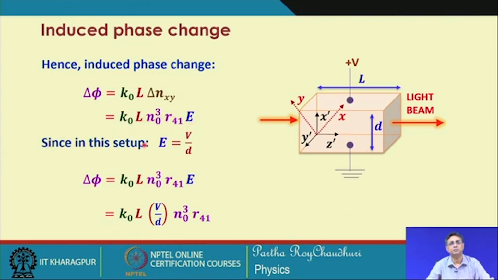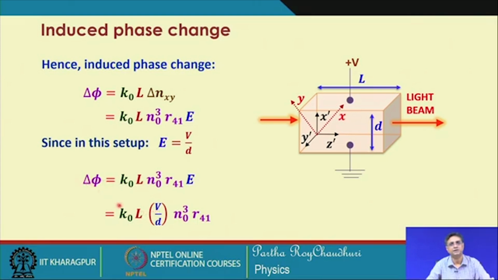So in this setup the electric field E is V by D. If you plug in E equal to V by D, you can see that both L and D exist in the expression for this phase delay.